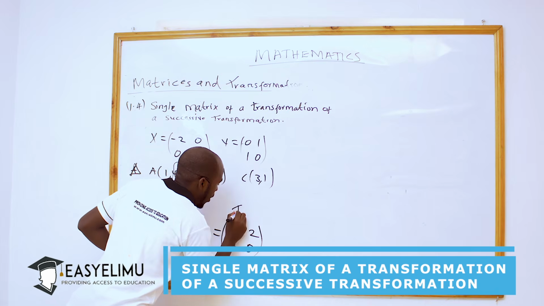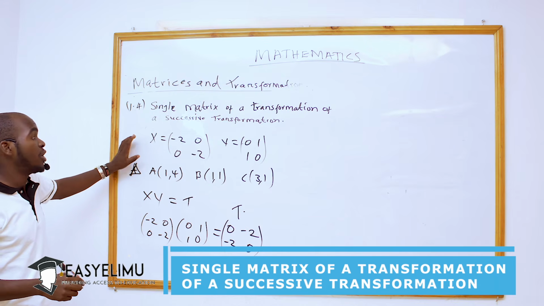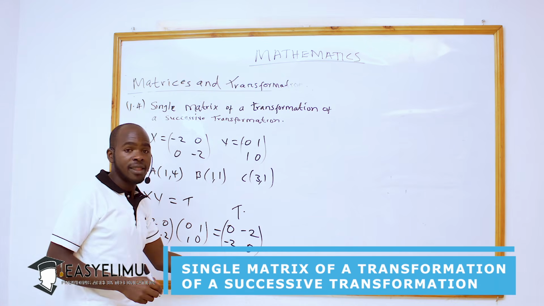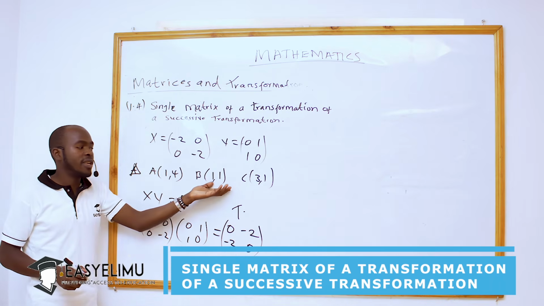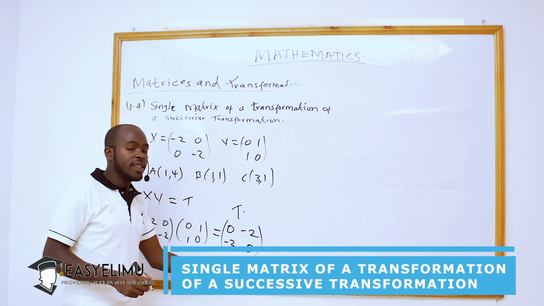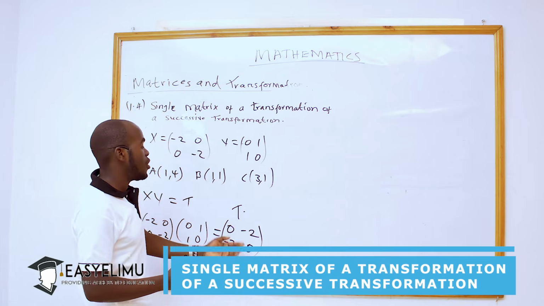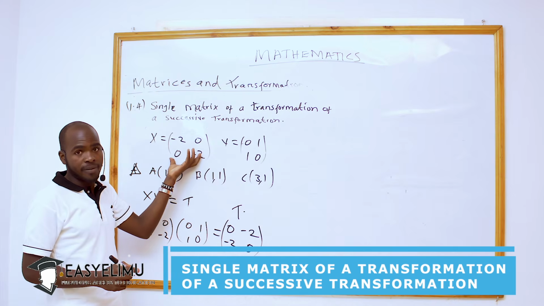Now we found our T, which is a single matrix of transformation of the two successive transformations, as this one. We can transform triangle ABC using this and get the same result as transforming it first through one, then the other.